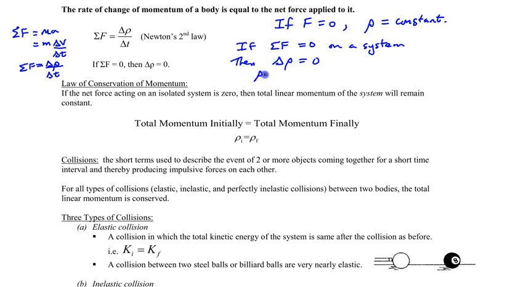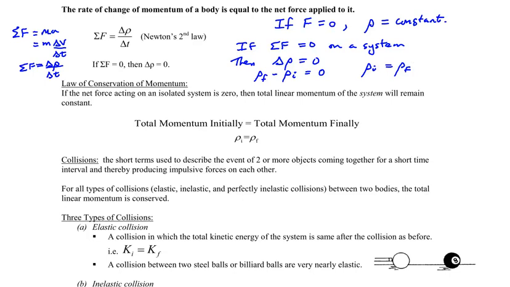That means that the final momentum minus the initial momentum must be 0. Hence, the initial momentum of the system before and the final momentum of the system are the same. And when I talk about the momentum of the system, I'm really referring to the total momentum of all the objects that are interacting with each other.